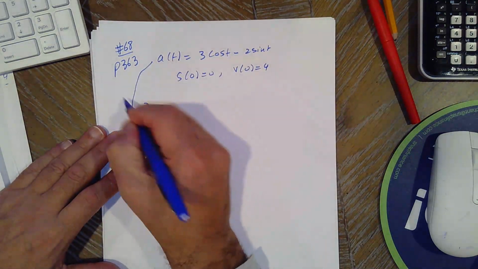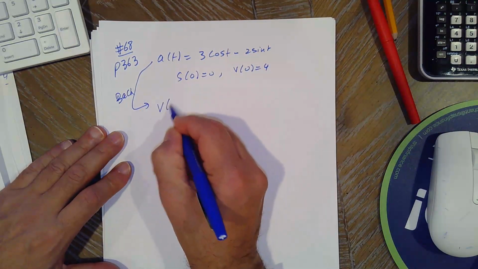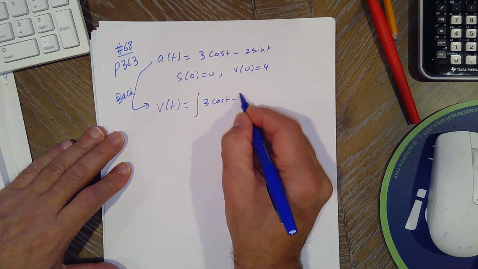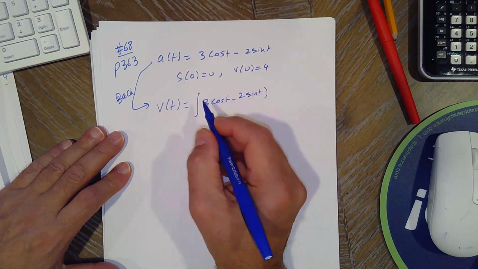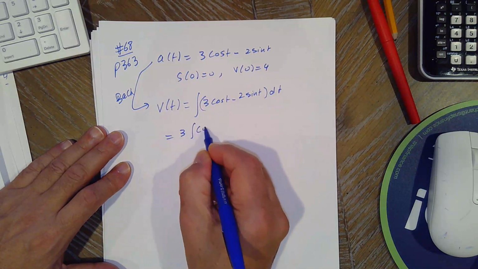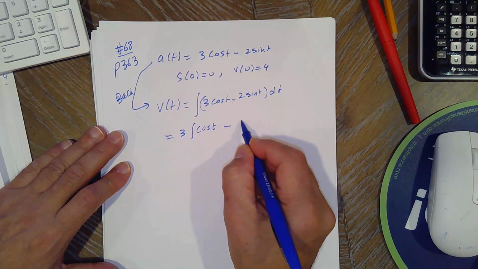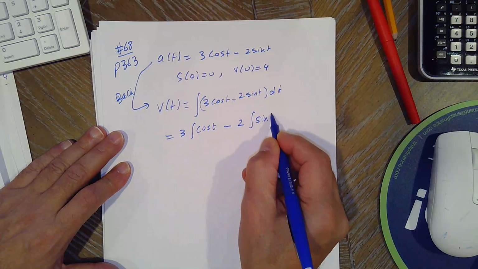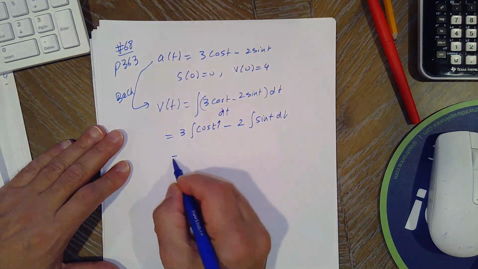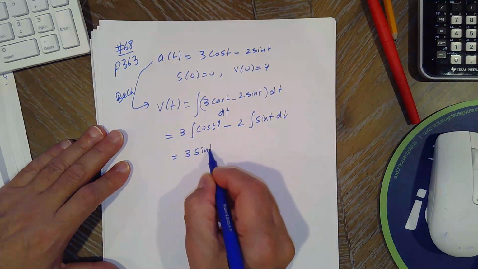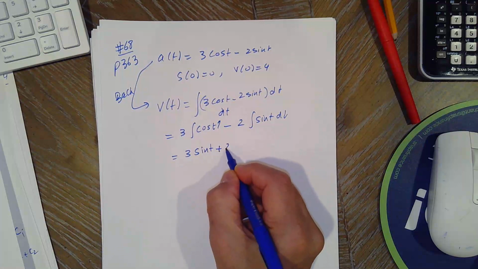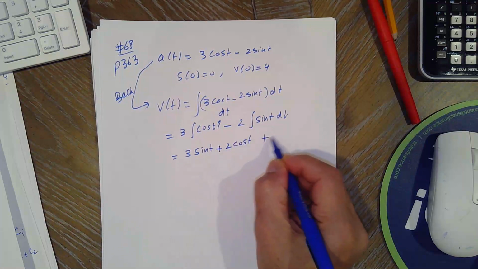So we're going to go back one step to find v of t, which is the antiderivative of a of t dt. So it's 3 times the antiderivative of cosine t minus 2 times the antiderivative of sine t dt. So 3 sine t minus, the antiderivative of sine is negative cosine, so that will be plus, 2 cosine t, and then plus c.